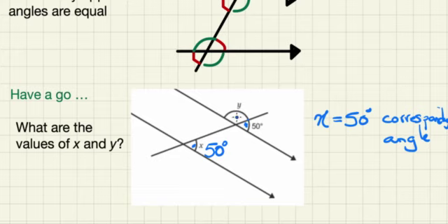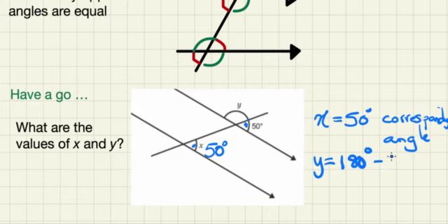What angle is this then? Well, y, we know, and this angle here is on a straight line. And what we've heard from earlier, we can say that y equals the angle on a straight line, which is 180 degrees.